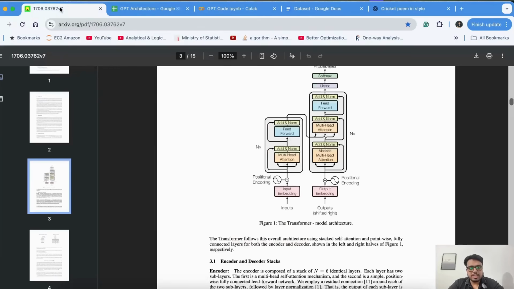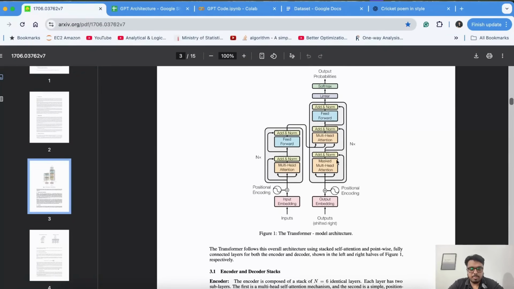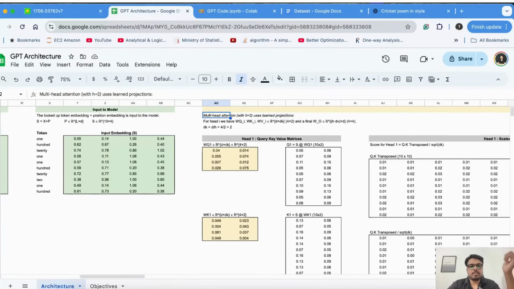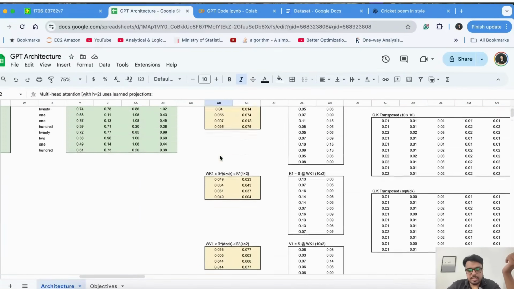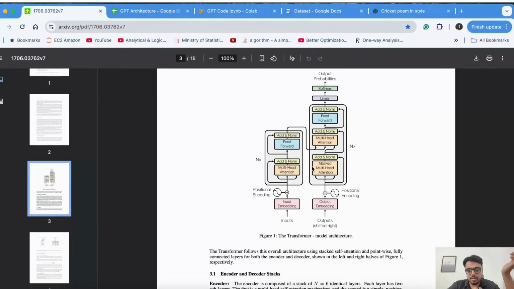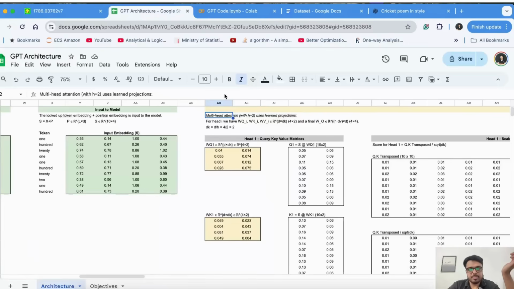Now the next part, and I think the most important part of a transformer architecture, is masked multi-head attention. So let's unpack and understand what actually is happening here. For this video, we will be assuming that the number of heads in this particular architecture is 2.